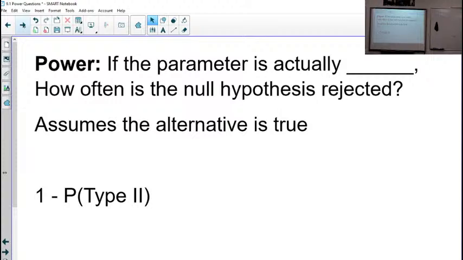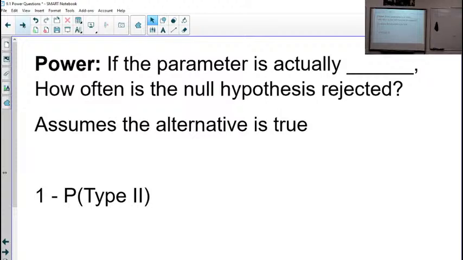Which one? The 30, right? And that's because I'm much less likely to get a series of free throws that are going to fool you if I'm actually at a 30% free throw percentage. The chances that I get a series of shots that fools you into thinking that my percentage is 80 is pretty low. I'd have to have a really lucky streak in that case.